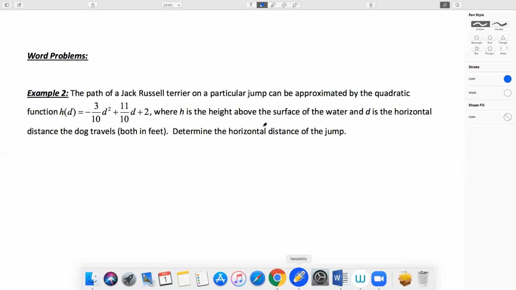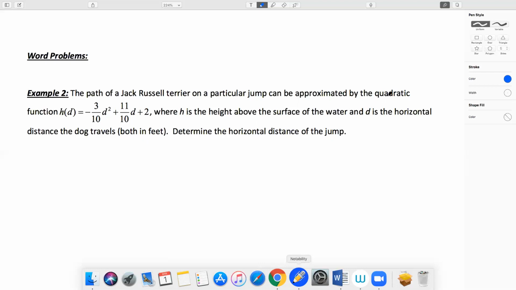We need to figure out the horizontal distance of the jump. So going back to what actually is in our equation, this equation models the height above the surface of water, and d is the horizontal distance of the jump.